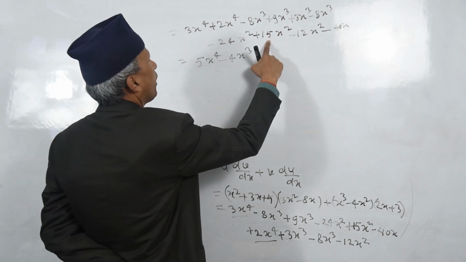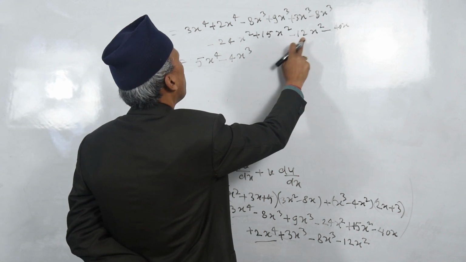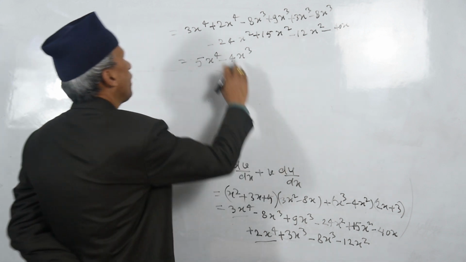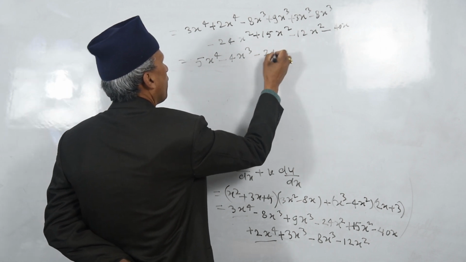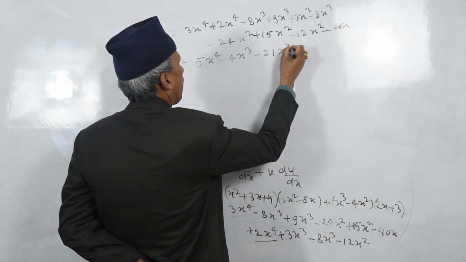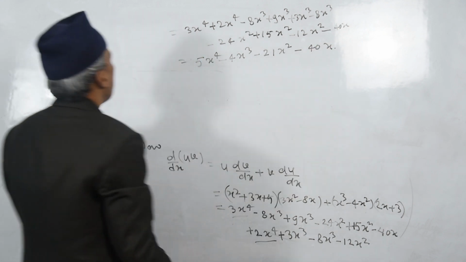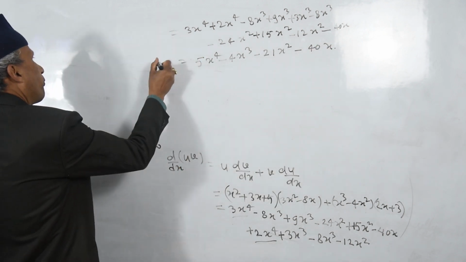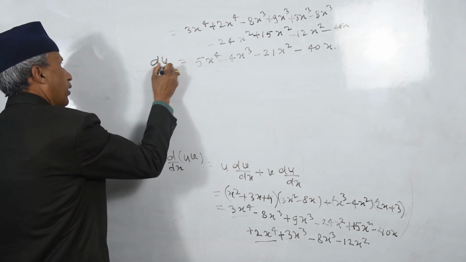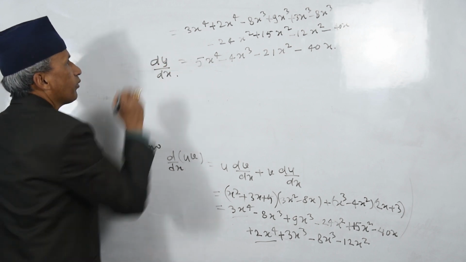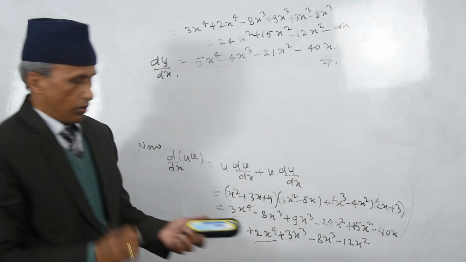Then 15 minus 12, 3 plus 3, then minus 24, that is minus 21x square, minus 40x. So this is the derivative of the product, dy by dx. So in this way you can use the product rule.